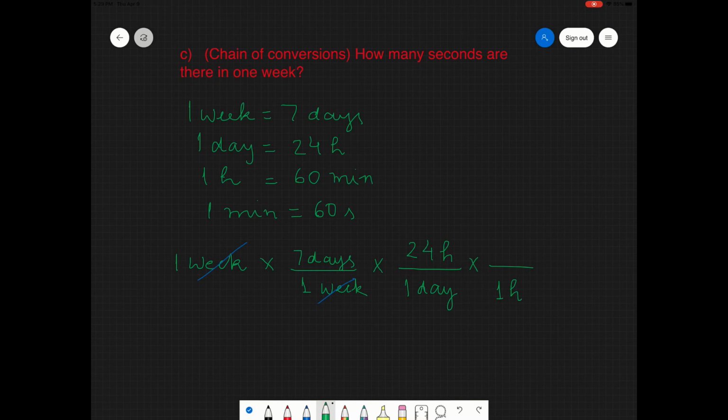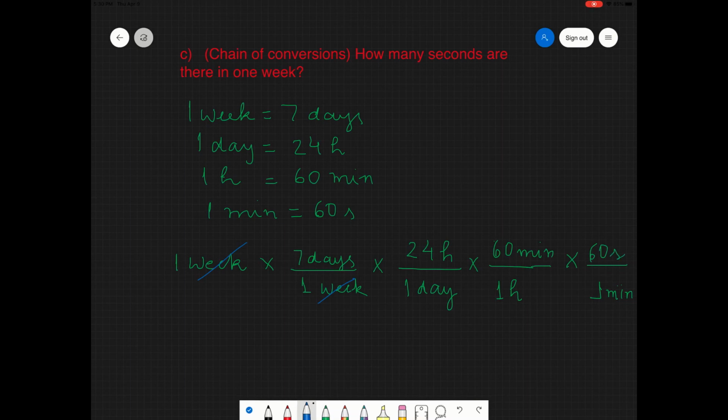Again, we know that 1 hour in the denominator will cancel the hour in the numerator, and is equivalent to 60 minutes. And now I'm going to multiply this by a conversion factor that has 1 minute in the denominator. Therefore, I need 60 seconds in the numerator.